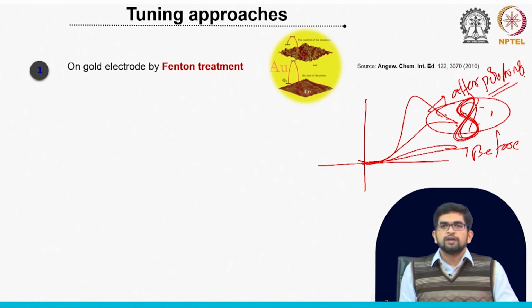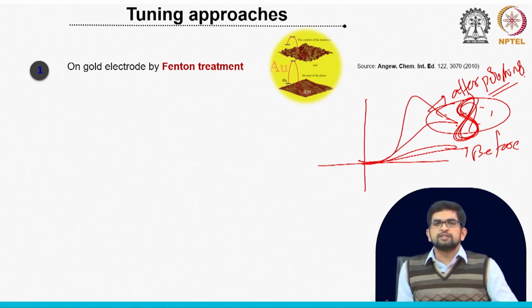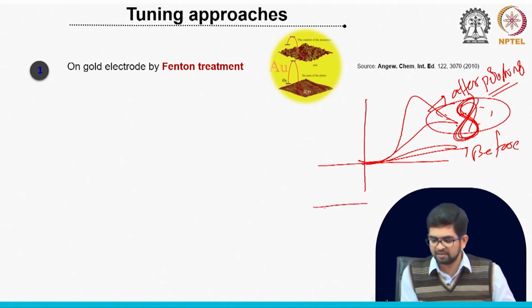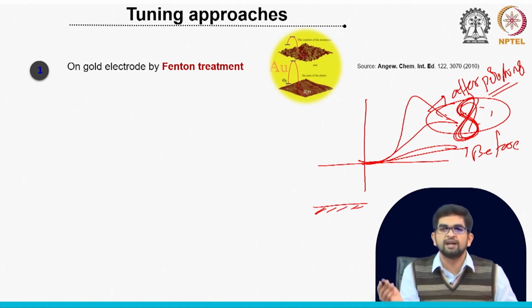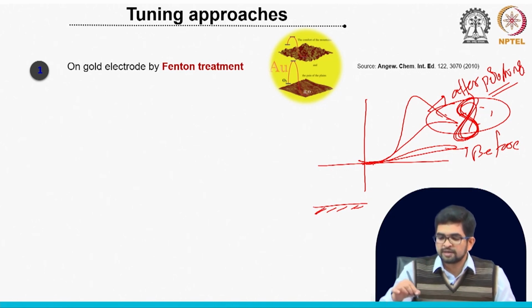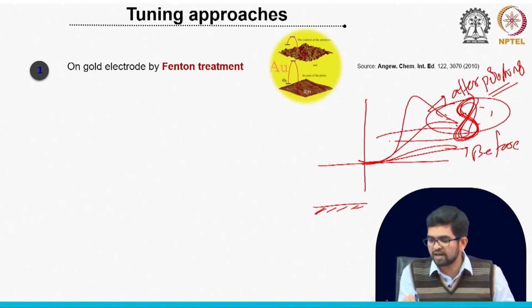Now consider developing a biosensor: you don't need that much activity. Even your basic surface, just after polishing or just after sodium borohydride treatment, if you get very high activity, it may cause a very high background current. So let's tune the activity so that you get a moderate activity, in between.